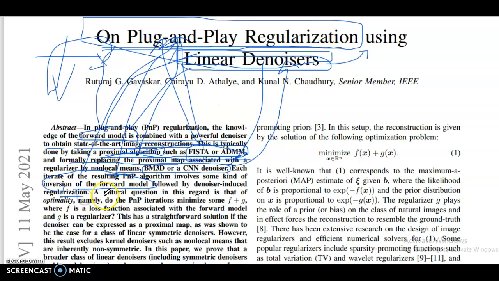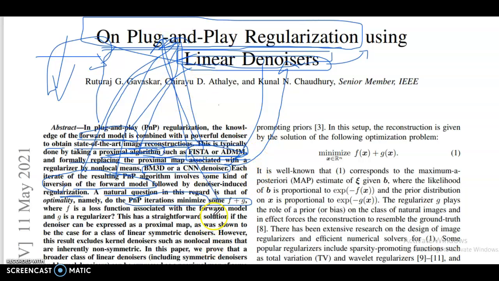A natural question in this regard is that of optimality, namely, do the PnP iterations minimize some f plus g?